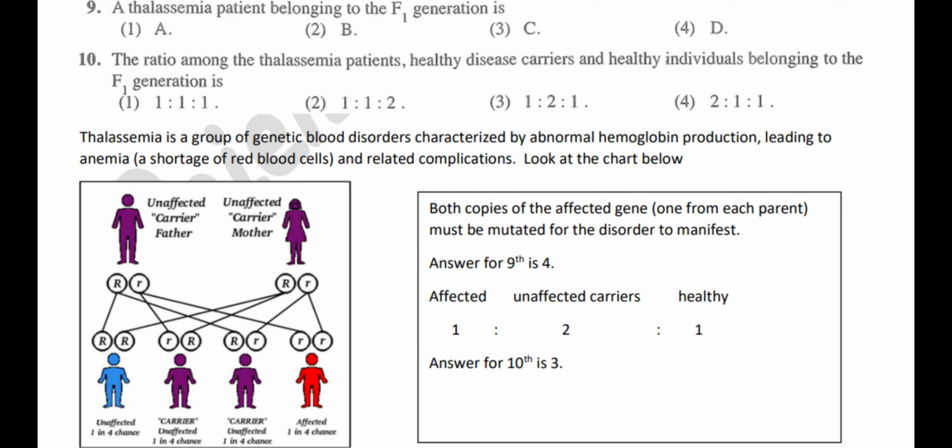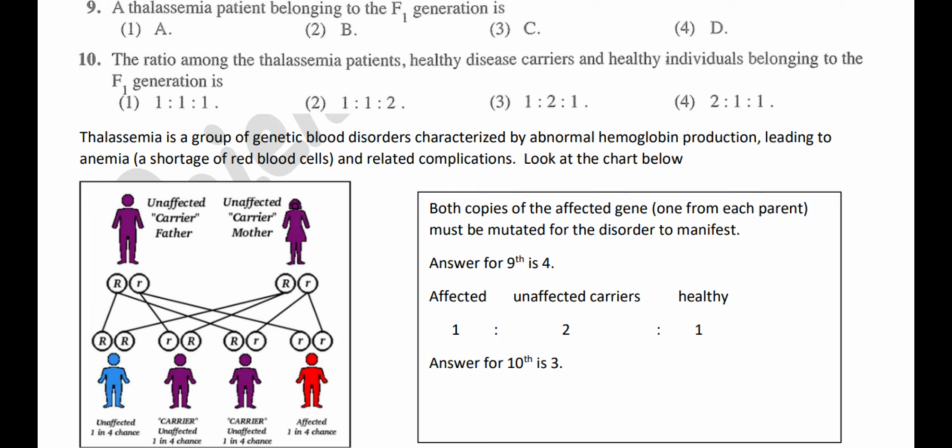Thalassemia is a group of genetic blood disorders characterized by abnormal hemoglobin production leading to anemia. Anemia is a shortage of red blood cells and related complications, not just anemia, okay? Both copies of the gene, one from each parent, must be mutated for the disorder to manifest. So the 9th question answer is D, 4. That's the unfortunate child. And then we have the 10th question.